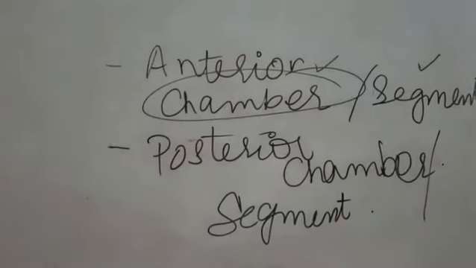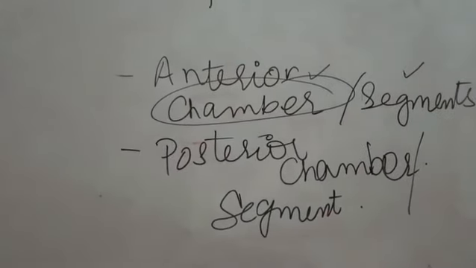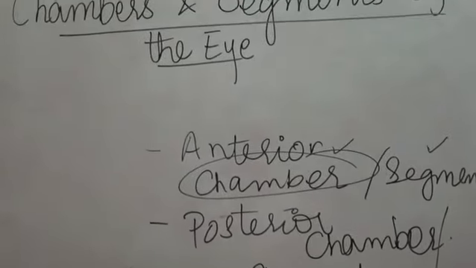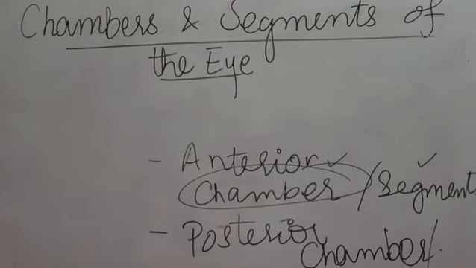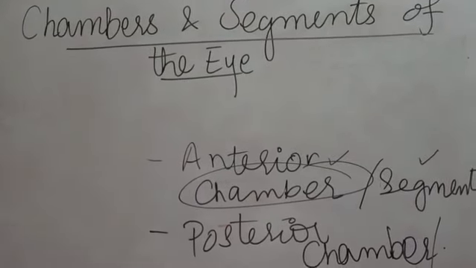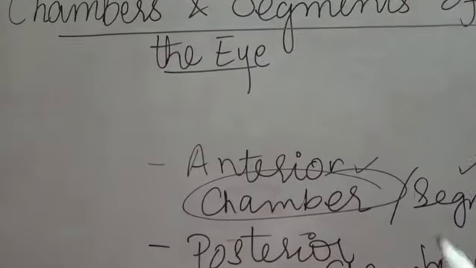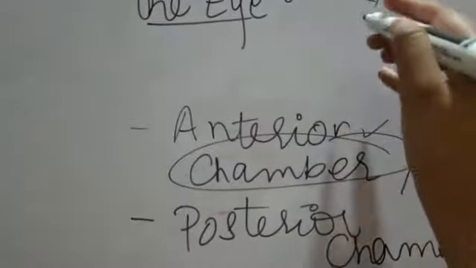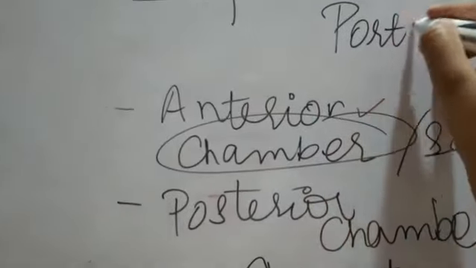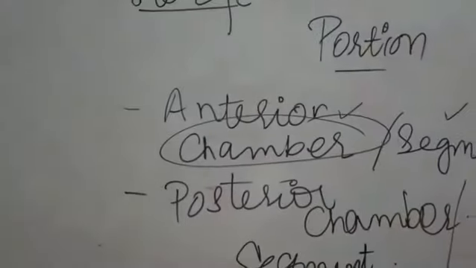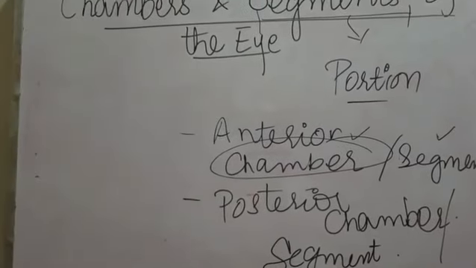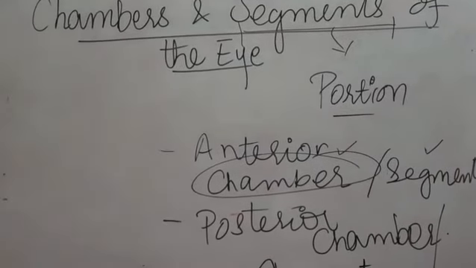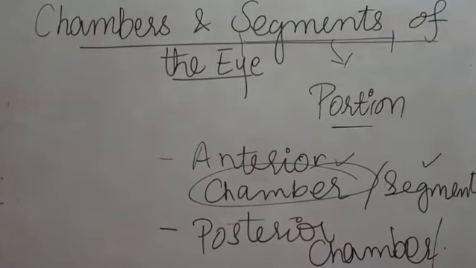But before moving into the details of the anterior and posterior chambers of the eye, let us discuss what chamber means and what segment means, right? So over here, the segment means the portion. If you are living in a house, the upper portion and the lower portion are basically the segments.